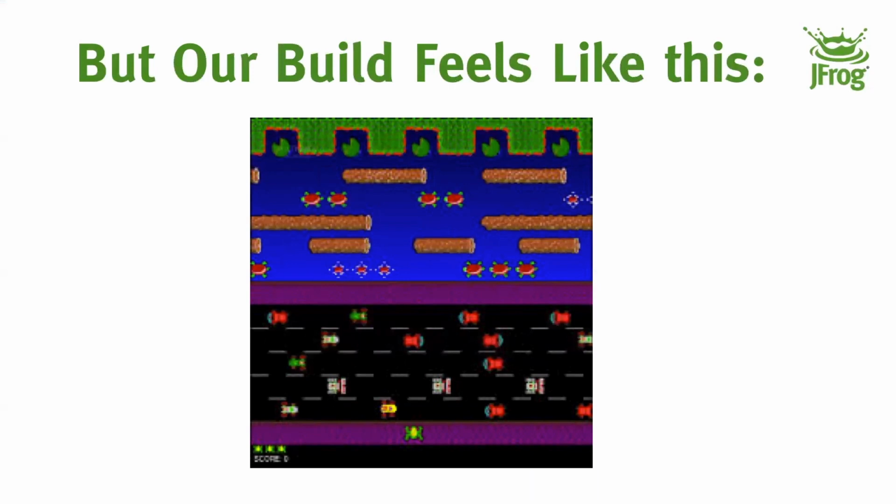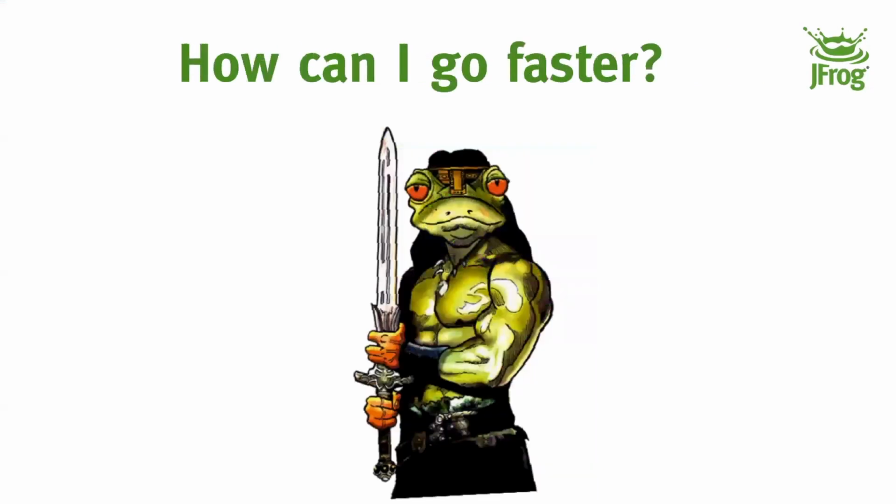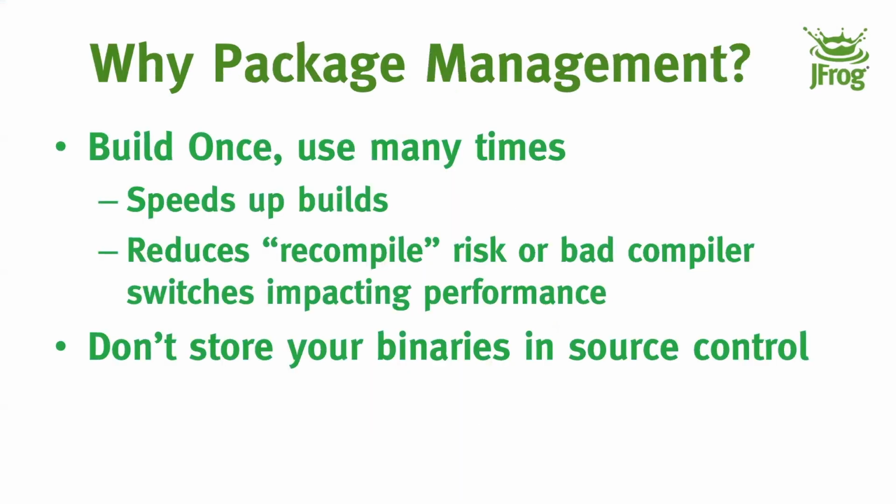Okay, and this is exactly the reason Conan was invented, to provide you with a solution to go faster. And like any other package manager, it's more or less the same logic. The idea is to build your libraries once and use them many times, to reuse them.